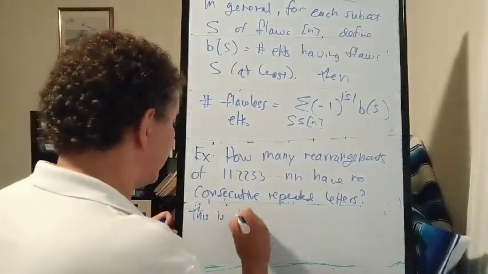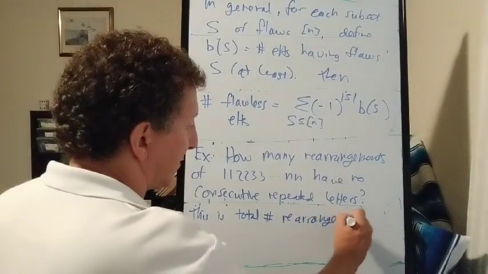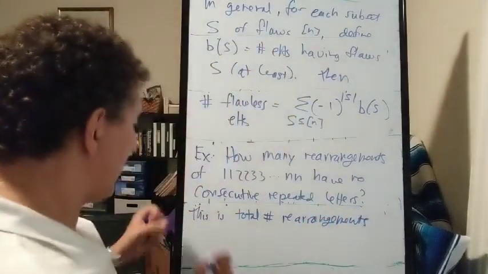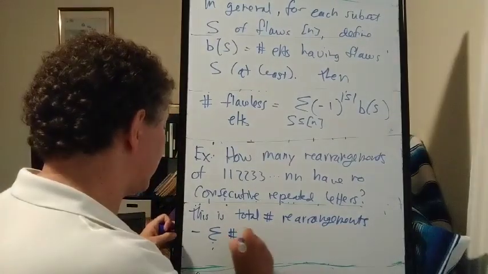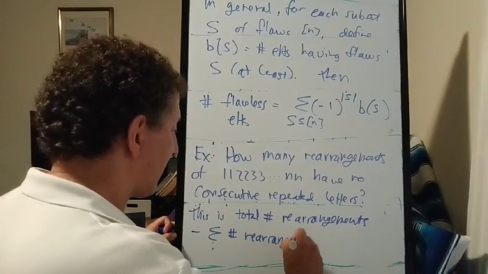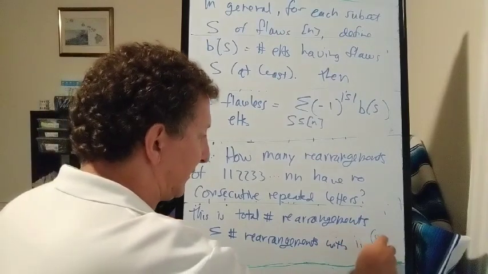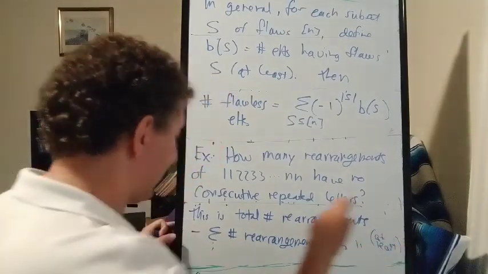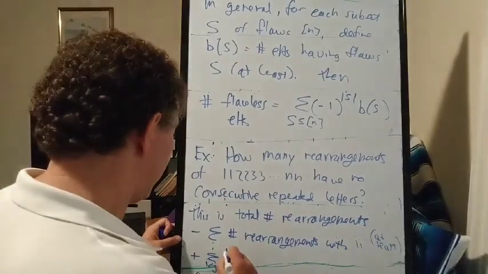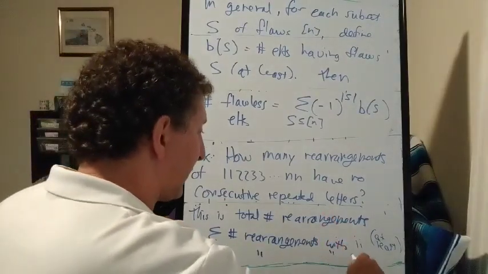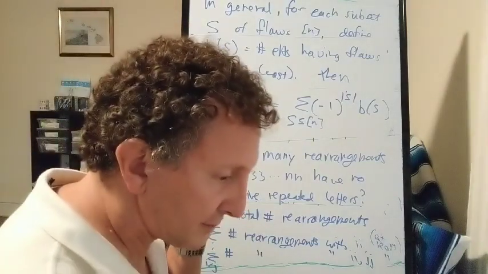So this is the total number of rearrangements, minus a sum over i, the number of arrangements with i at least, plus a sum over i less than j, the number of rearrangements with i and j at least, etc.